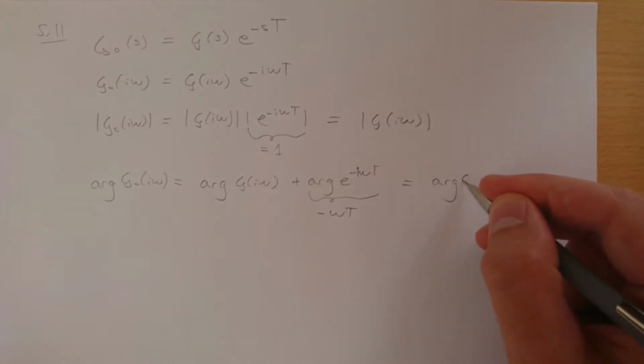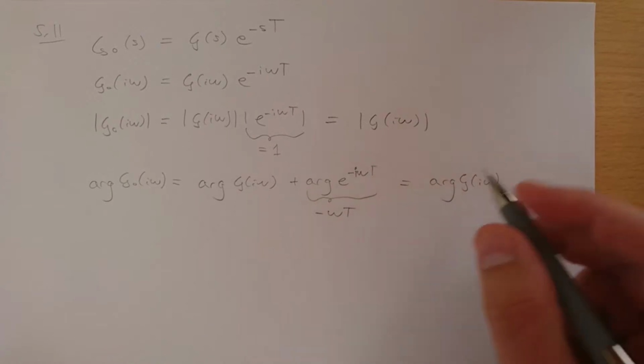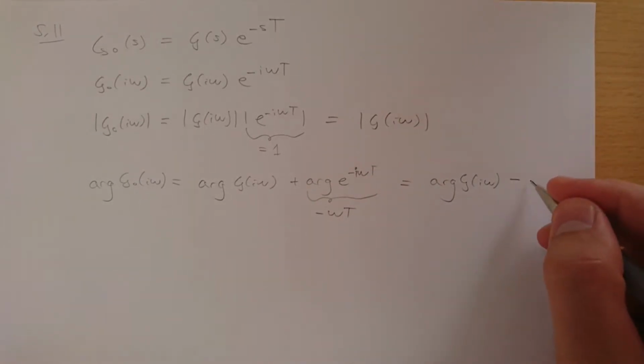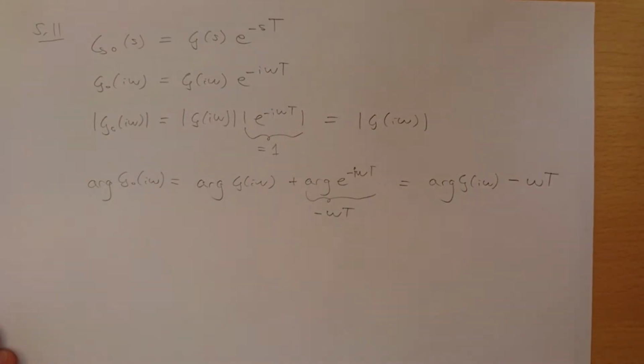So the argument curve is affected by this time delay, so we'll see a reduction in phase with ωT. So this also makes sense intuitively. If we have a time delay in our measurements, it's not very surprising that the phase difference between the output and the input signal is affected.